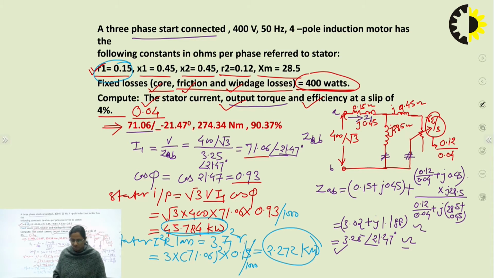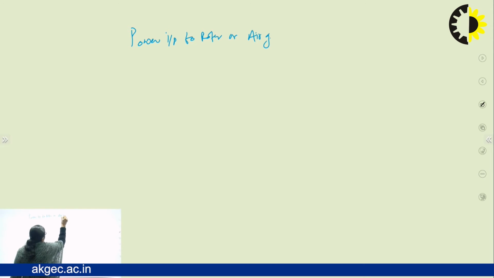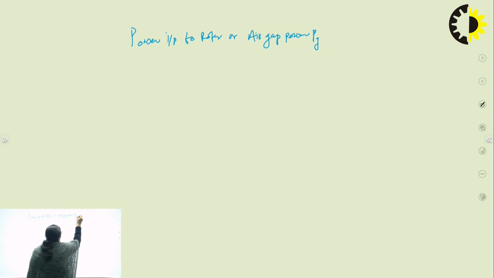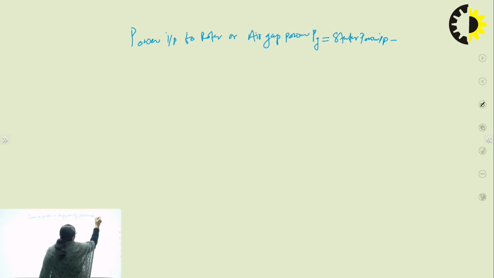So knowing these two, I can very well determine the power input to the rotor, which is also said to be the air gap power denoted by PG. So air gap power PG can be written as stator power input minus stator I square R loss, right?